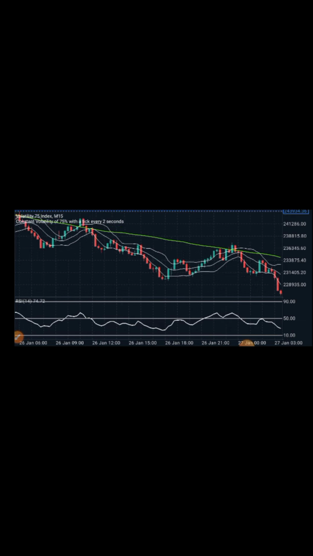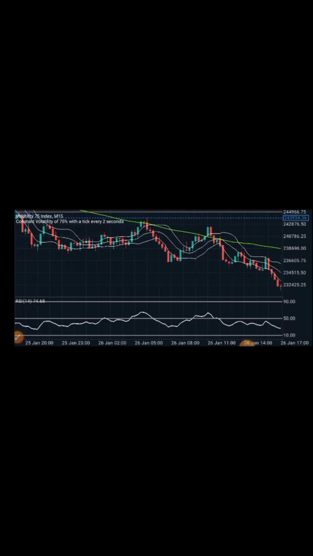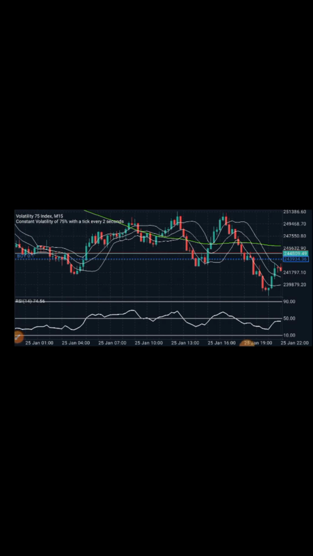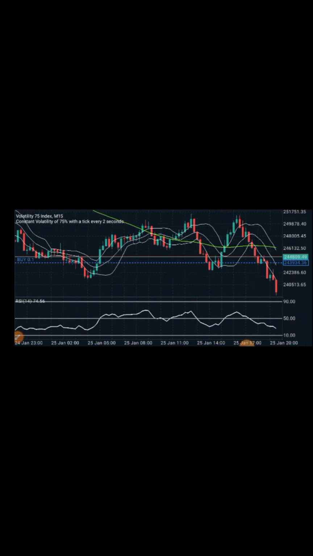The second one is your RSI. When you see that your moving average is not touching all these things, what you will now be looking for is your RSI. Here is one good one for buy. Your RSI will touch the 50 level.